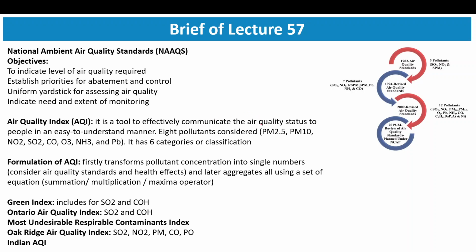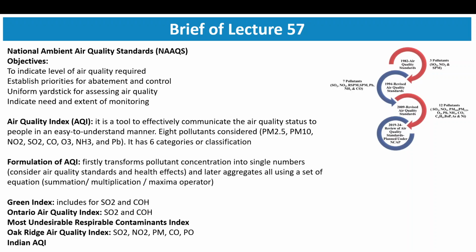Air Quality Index is nothing but a tool to effectively communicate the air quality status to people in an easy to understand manner. So instead of looking at all the parameters, all the pollutant concentrations, then comparing them with their standards, and then saying whether the air quality is good or not.